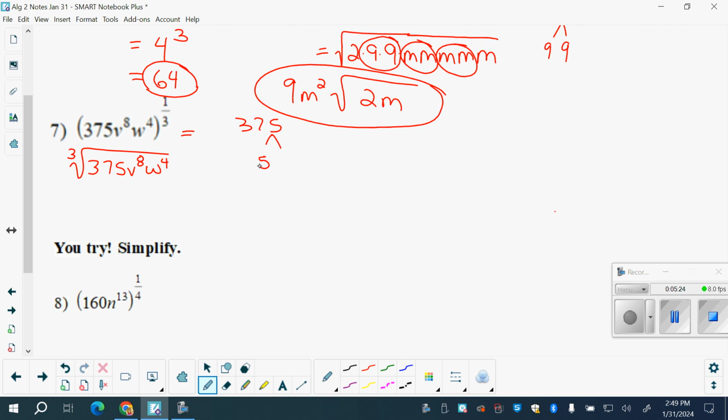So it ends in 5. So I know it's divisible by 5. So now I'm using my calculator, dividing 375 by 5. And then 5 times 15. And 5 times 3.